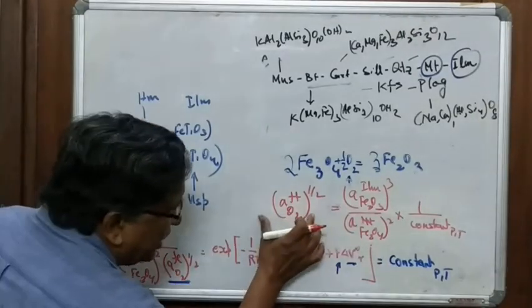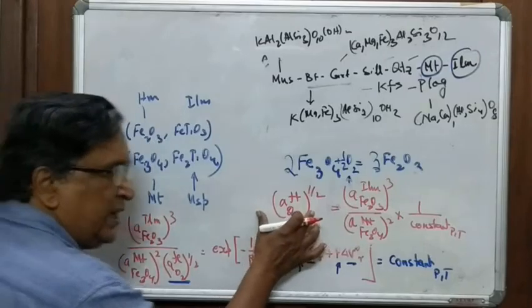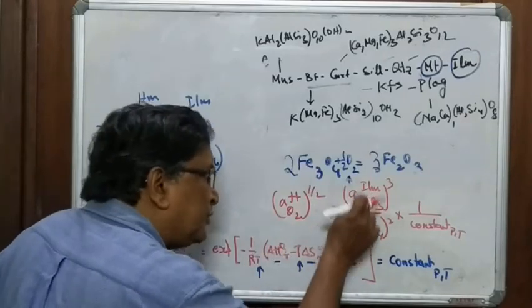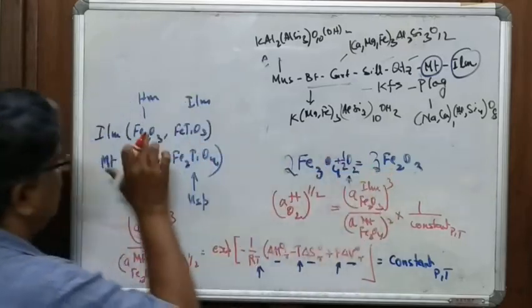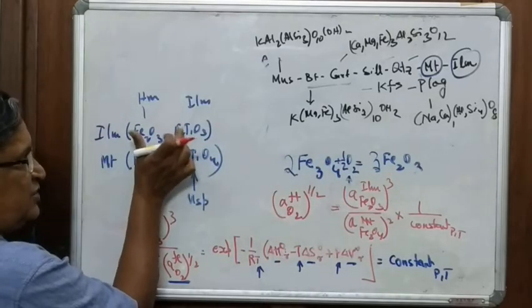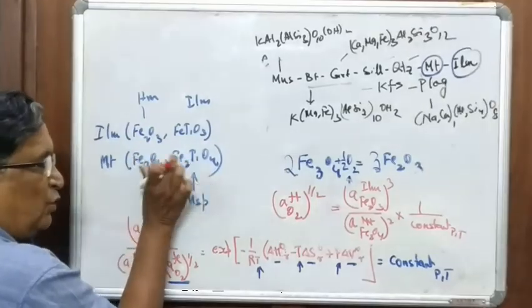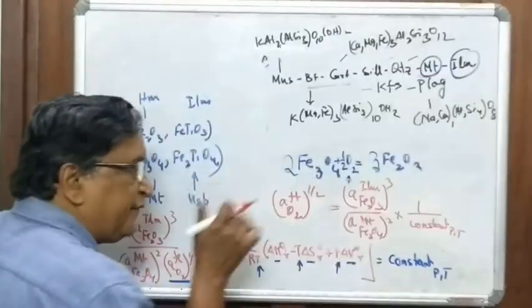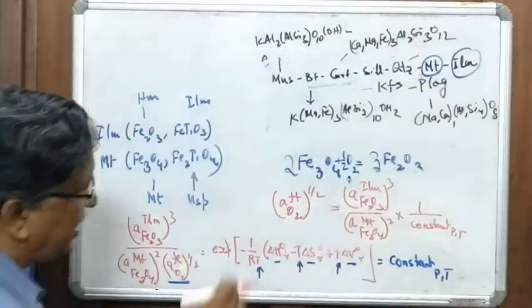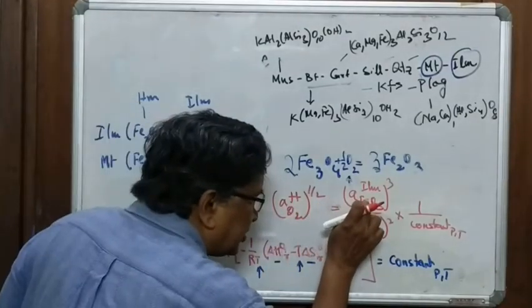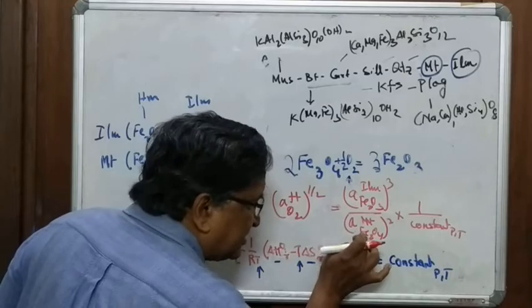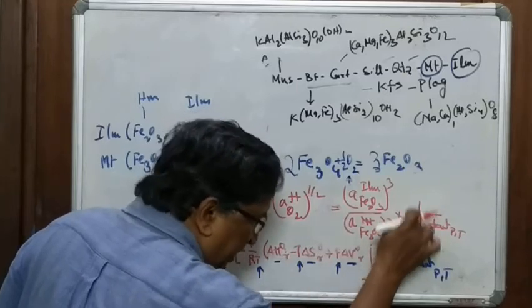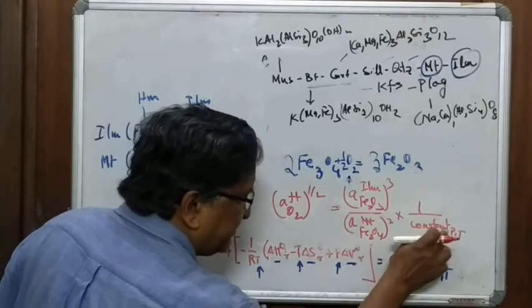So you can find out activity or mole fraction if you know the compositions of the phases magnetite and ilmenite in terms of the hematite-ilmenite solid solution and the magnetite-ulvospinel solid solution. If you know the X values, then you can find out the composition of ilmenite and the composition of magnetite, and then you have a constant, 1 by constant, because here I wrote constant pressure and temperature.